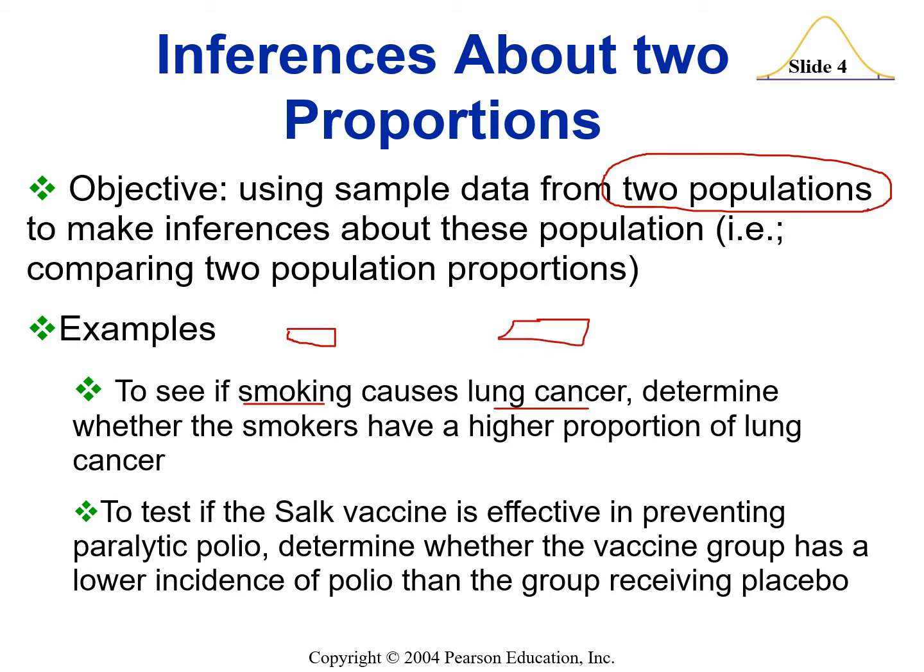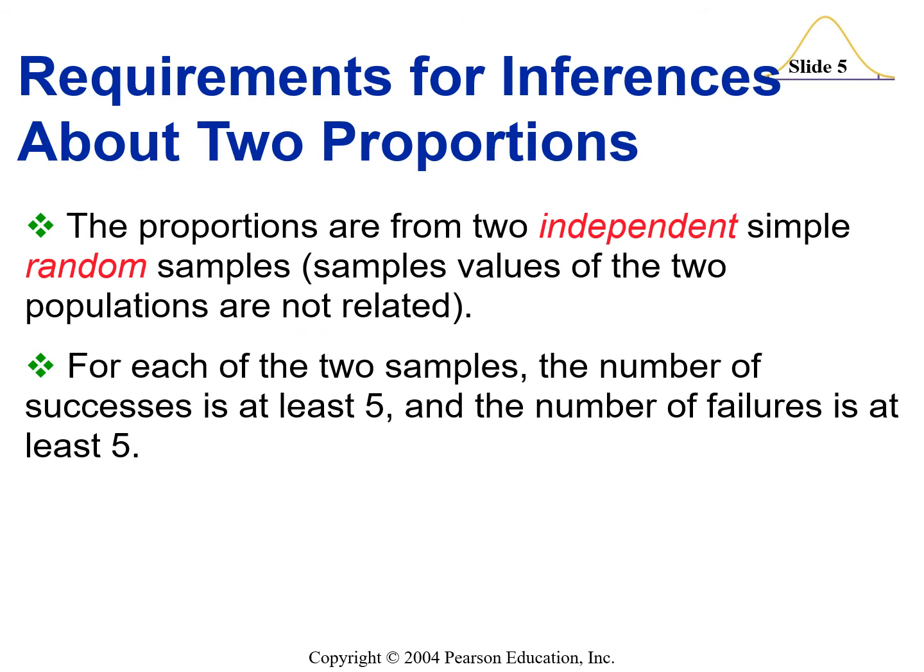The objective is to examine if there is significant difference in the proportion of lung cancer between the two different populations, smokers and non-smokers. So we want to determine whether the smokers have a higher proportion of lung cancer compared to the proportion of lung cancer among non-smokers. This is what is meant by two populations. Population 1 is smokers, population 2 non-smokers.